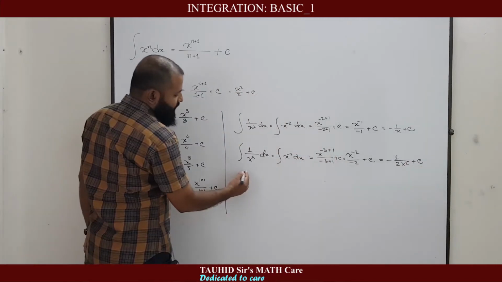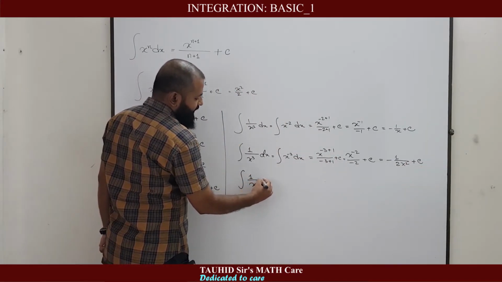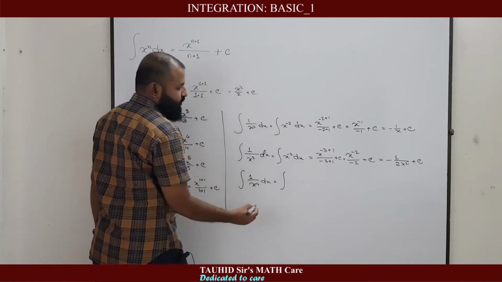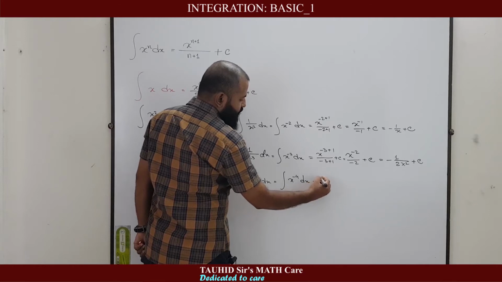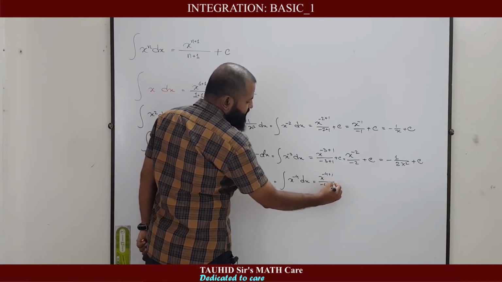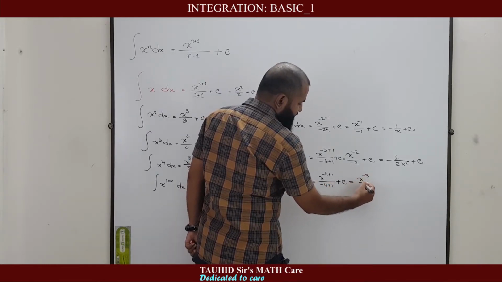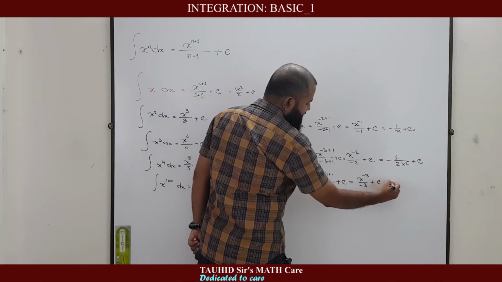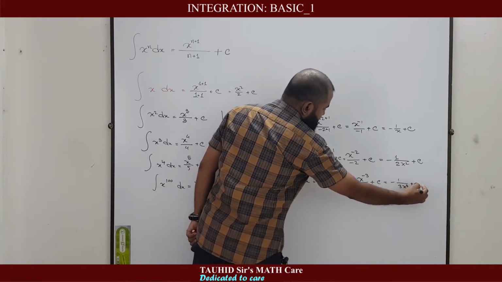plus c. If you are asked 1 divided by x to the power 4 dx equal to integration of x to the power minus 4 dx equal to x to the power minus 4 plus 1 divided by minus 4 plus 1 plus c equals x to the power minus 3 divided by minus 3 plus c. That means minus 1 by 3x cube plus c.